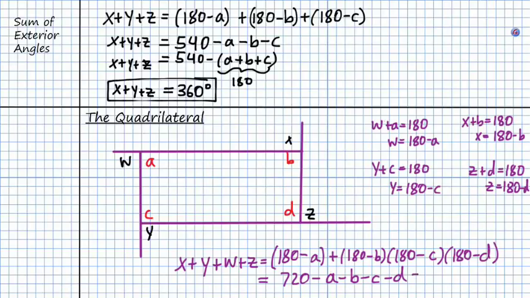So this is equal to 720 minus 360, or 360 degrees. So we see that for a quadrilateral, the sum of those exterior angles is going to be the same as for the triangle.